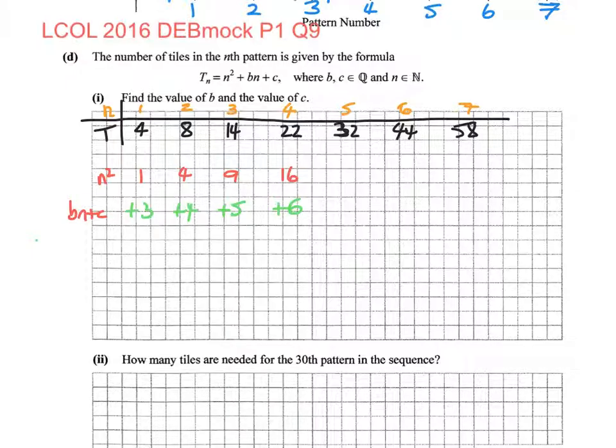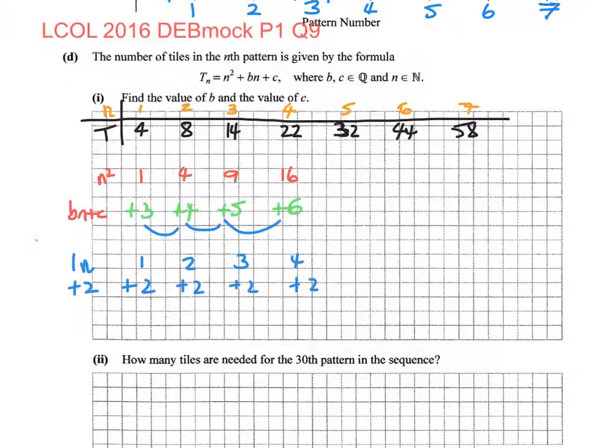So I realised very quickly with this bn plus c, it's going up by 1 each time. So it's the 1 times table, and I'm adding on 2 onto it. So the 1 times table is 1n, and I'm adding on 2.